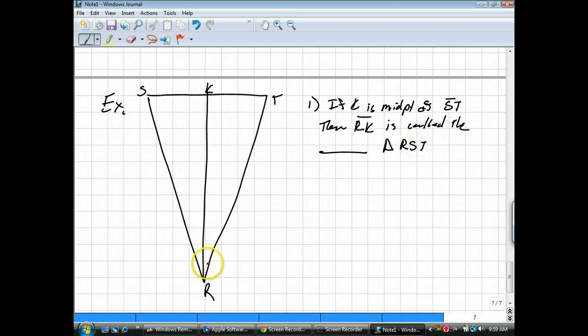Okay, well, RK is a segment that goes from the vertex, hits the opposite side at its midpoint. So therefore, by definition, it is a median.